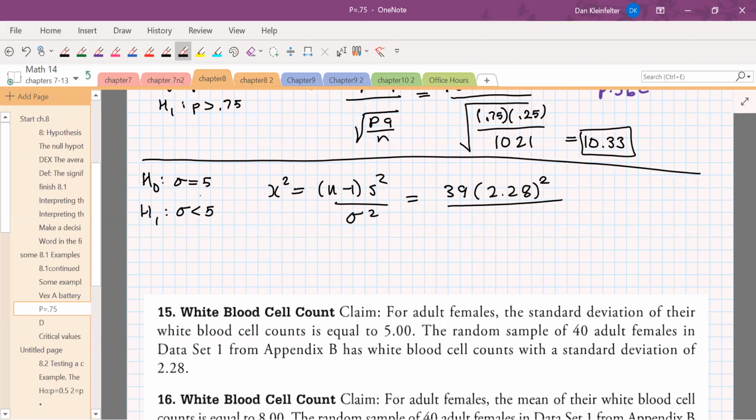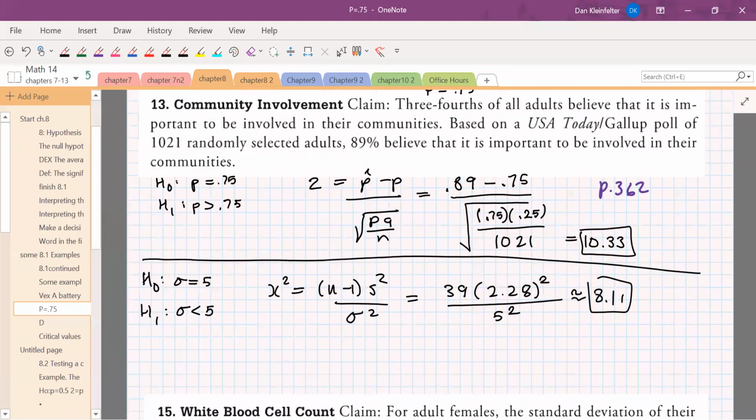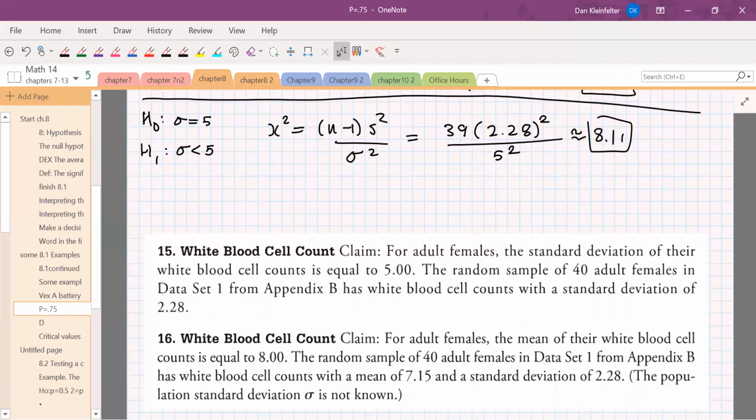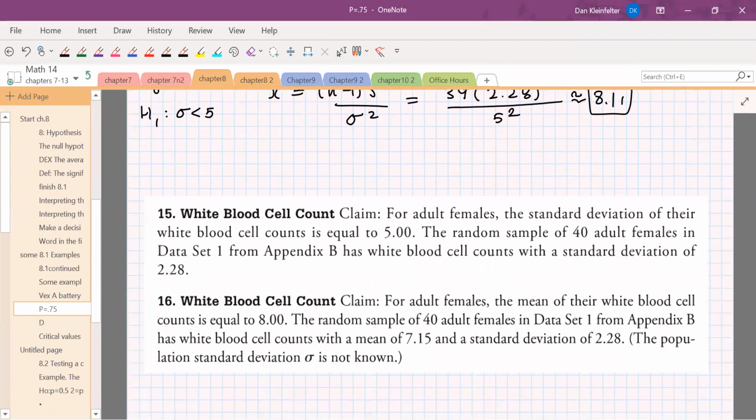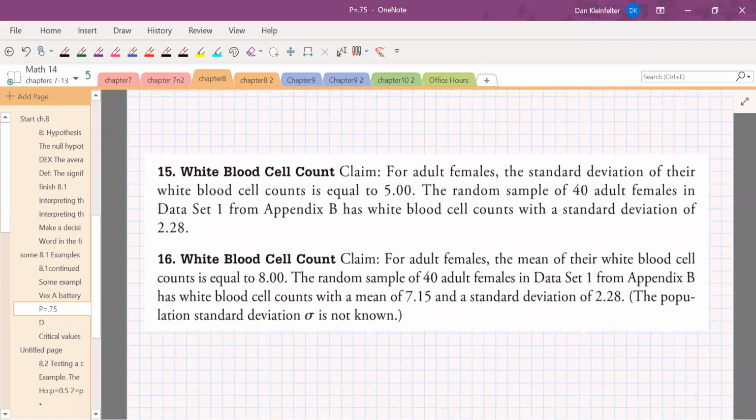And that sigma is the hypothesized value from the null and alternative hypothesis. Okay, so this time 8.1 actually, for our test statistic. All right, so that was 15.